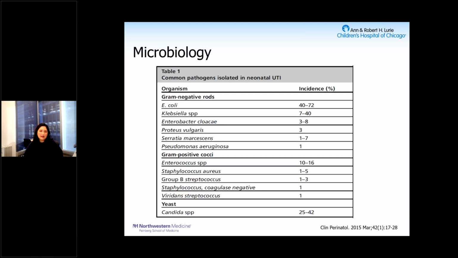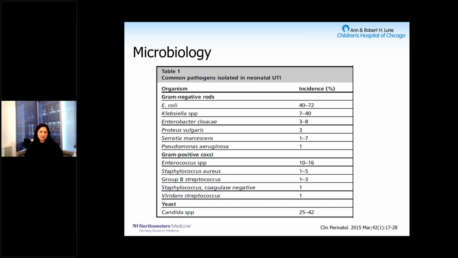As you all know, this is for neonatal UTI, but it is true for older pediatric children as well. The most common organisms that cause UTI are gram-negative rods, and those include E. coli. That's really the major organism, about 40 to 72% of UTI in the neonatal period is caused by E. coli.